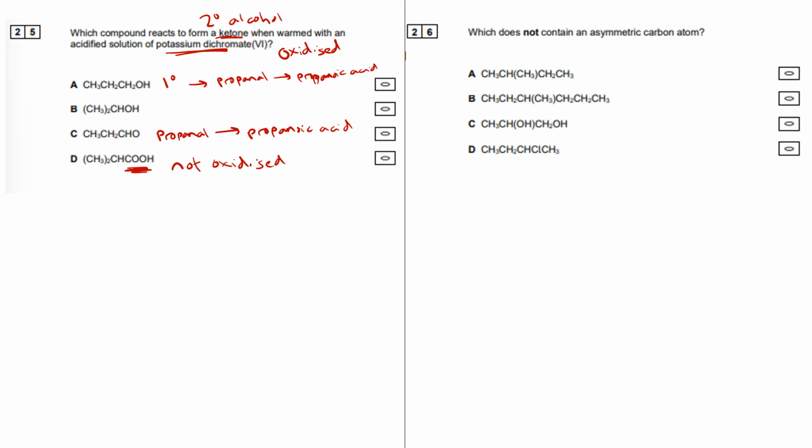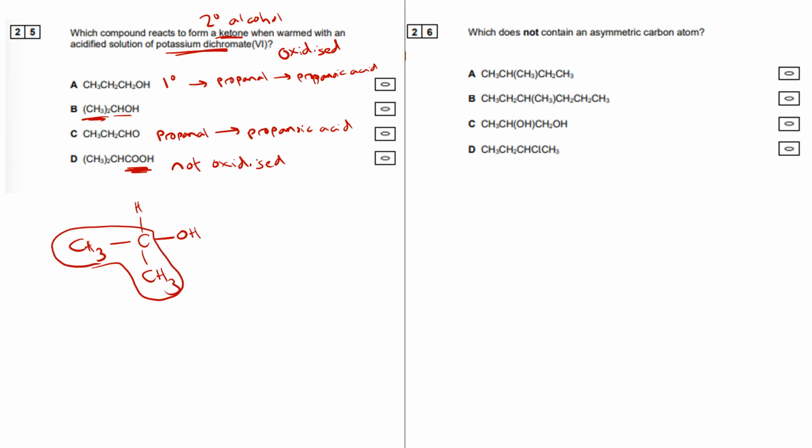So remember, it has to be a secondary alcohol to be oxidized. So you've got CHOH, and then you've got 2 CH3s. So that's what the formula is. It looks a little bit strange, so I'll just redraw it in a sec.